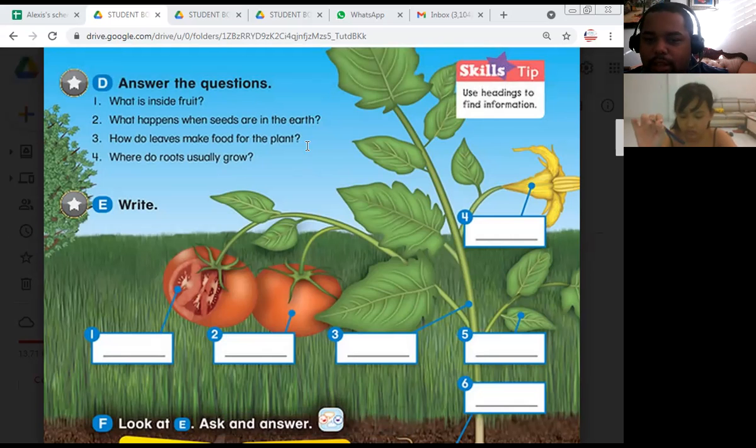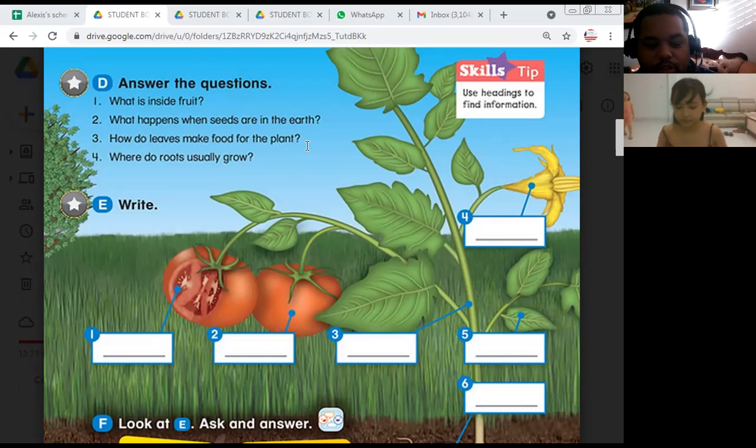That is correct. So the next question, Bonnie, question number four: where do roots usually grow? They grow underground. That is correct. So now we are having a plant here. Let me just show you.